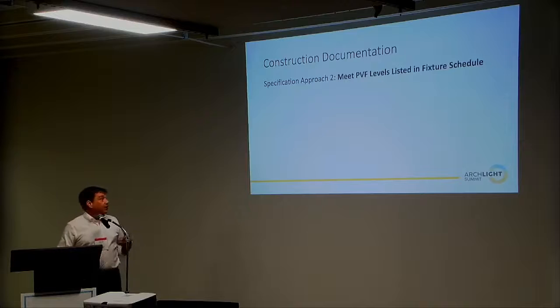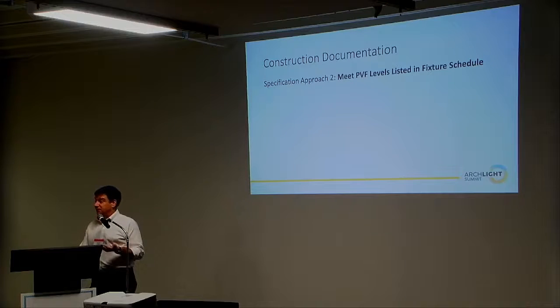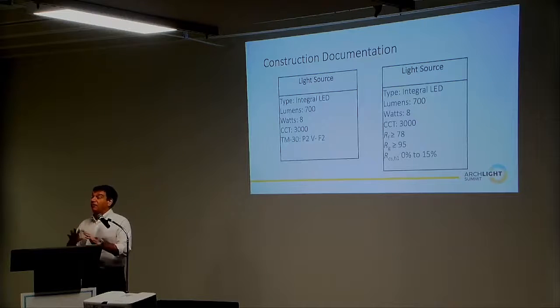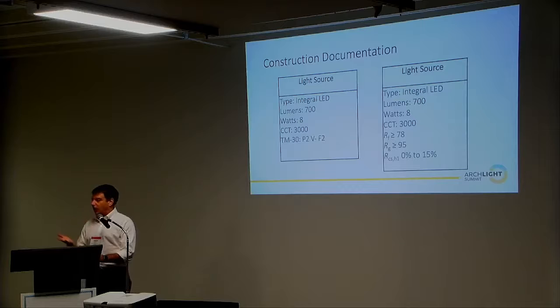Another way would be that we put that information into our fixture schedule, right? So we could put some information into our spec that says, see the fixture schedule, proposed fixtures have to match. And then, don't yell at me, I know everybody has a different format for their schedule, right? But let's say in your schedule you've got a cell for all the light source information. You can simply add a line that either for the PVF values, which is the simple way to do it, or you might have some reason to actually call out values and ranges, right?